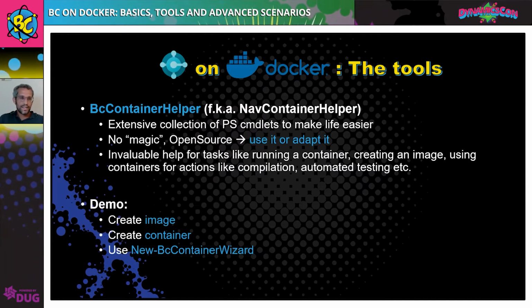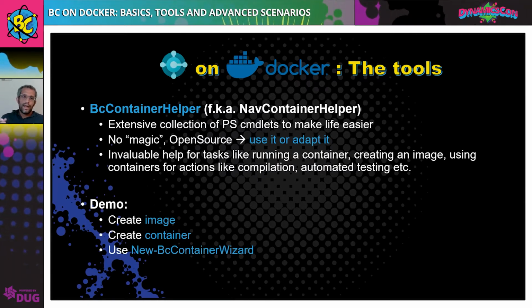That's basically just an extensive collection of PowerShell commandlets to make your life easier when you're working with containers on Business Central. They are not magic, they are not closed source or anything. There's an open source repository on GitHub, so you can very easily just use it, you can adapt it. Or if you want to create your own scripts, you can very easily take a look at how Microsoft is doing this, and then you can make changes like you want to and have to use them.